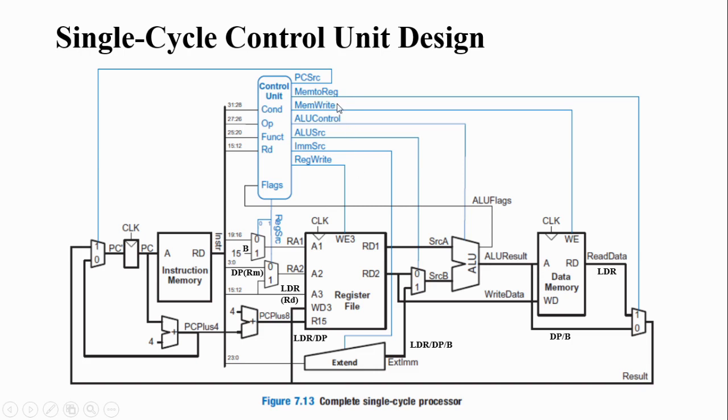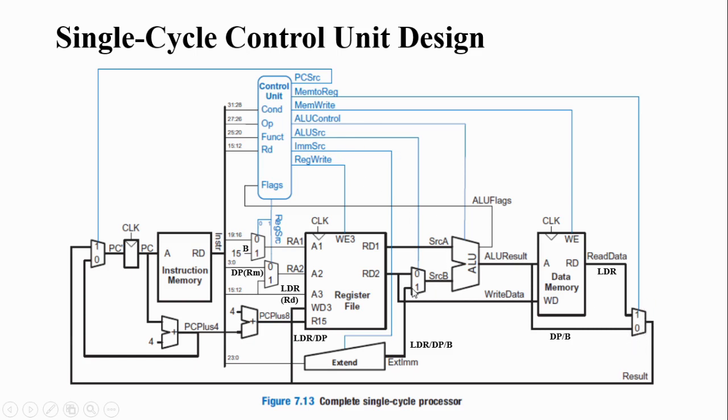Then the memory to reg signal is used for selecting whether the output of data memory is to be written here, or whether the ALU result needs to be written, or this is also used for writing the data to the PC, right? So memory to register is used for selecting the input in this multiplexer.